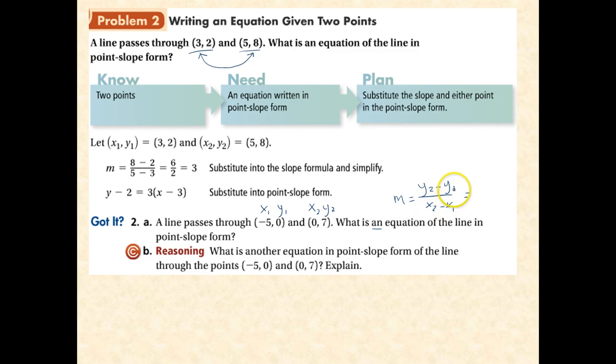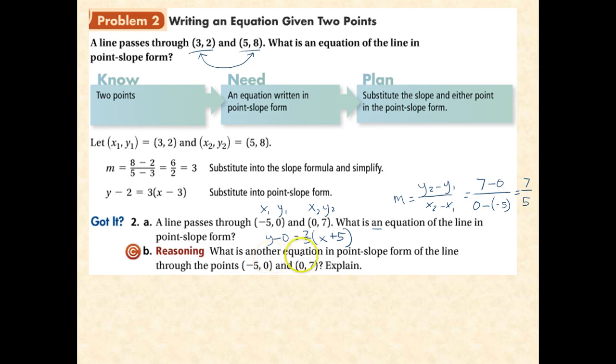So that is 7 minus 0 over 0 minus negative 5. 7 minus 0 is 7. 0 minus negative 5 is positive 5. So my slope is 7 over 5. So y minus 0 equals 7 over 5 times x minus negative 5, which is x plus 5.